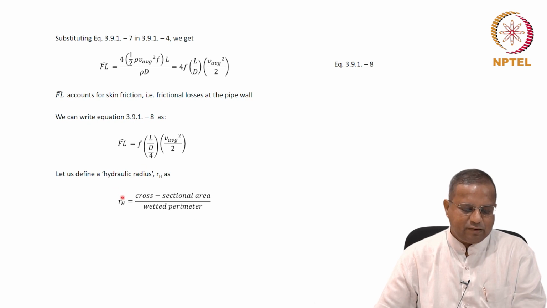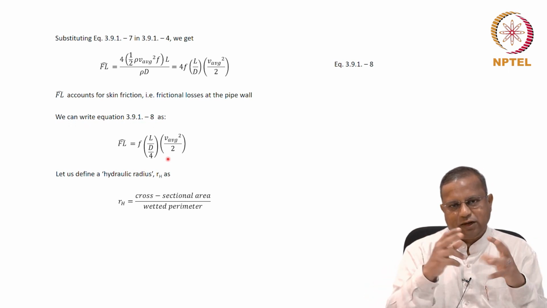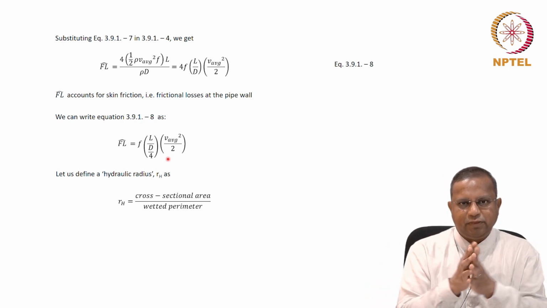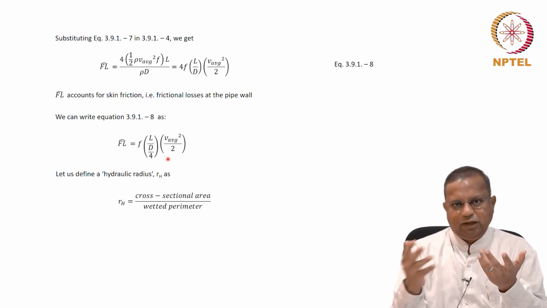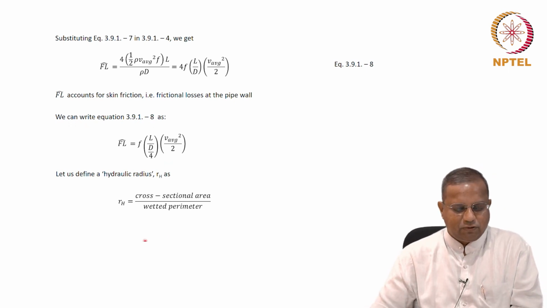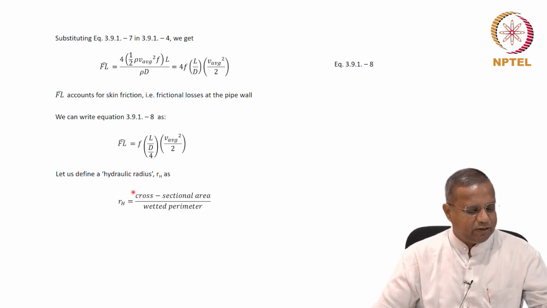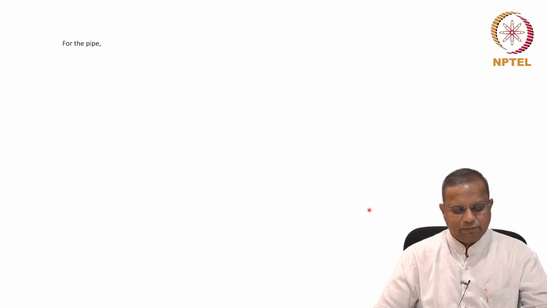So if you can write this in terms of the hydraulic radius, then it is no longer limited to a circular cross-section. You could have a square cross-section as in the case of some AC ducts, and a rectangular cross-section as in the case of some AC ducts. Any cross-section, and then you could apply a similar equation. So let's write this in terms of a hydraulic radius. The hydraulic radius definition is equation 3.9.1-9.